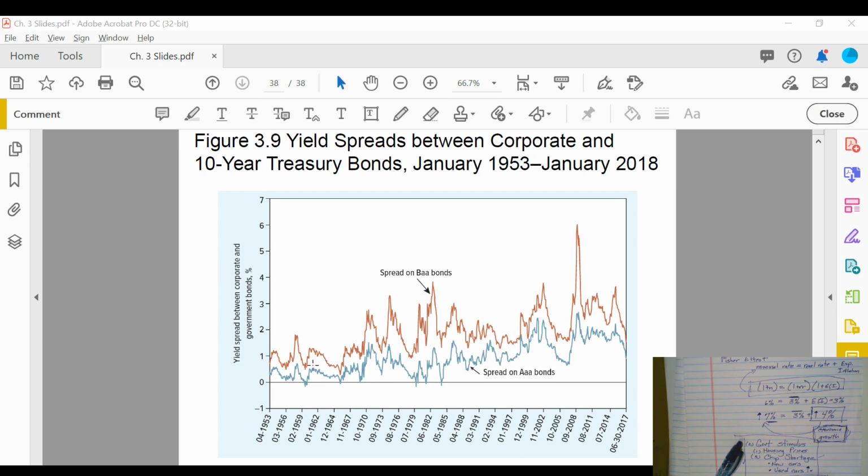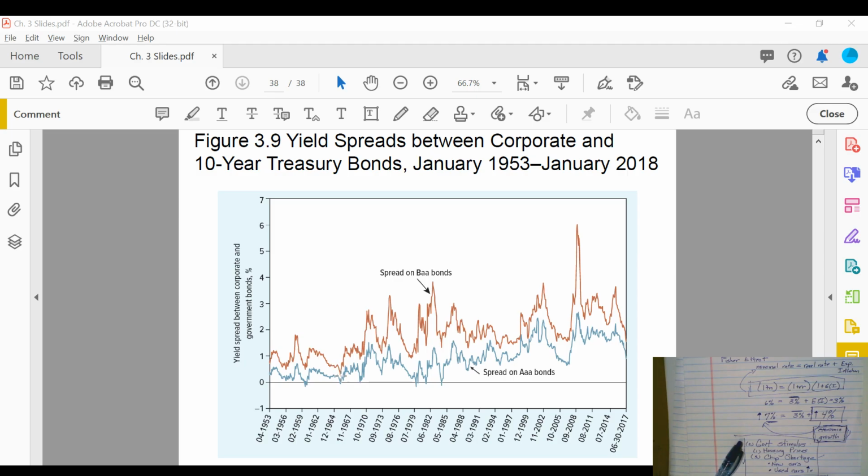The point behind this is that when times are good, everyone's working, businesses are making money, then the risk of default for the riskier bonds diminishes. So without knowing anything, I know when the good times generally are because you see the spread between these two decrease significantly.